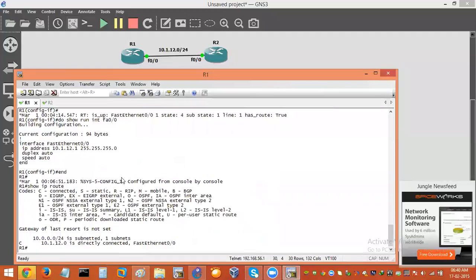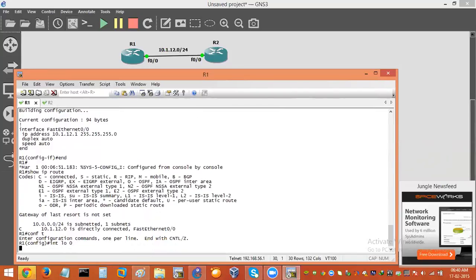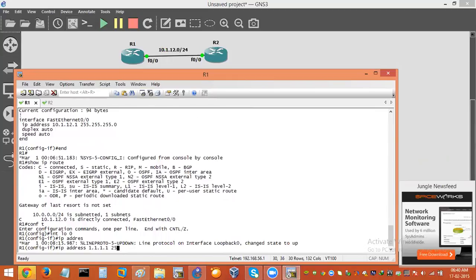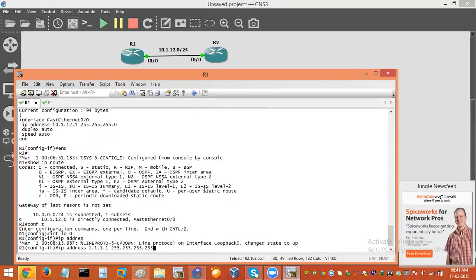Now, if I go to R1 and if I create a loopback interface, loopback 0, and if I say IP address 1.1.1.1, 255.255.255.255. Now, if I will hit enter here, loopback interfaces are by default up, guys, right? So we don't need to put that no shutdown command here. Loopback interfaces are by default up. So when I'm going to put IP address 1.1.1.1, and this time you can see IP address I'm assigning with a /32 mask, right?